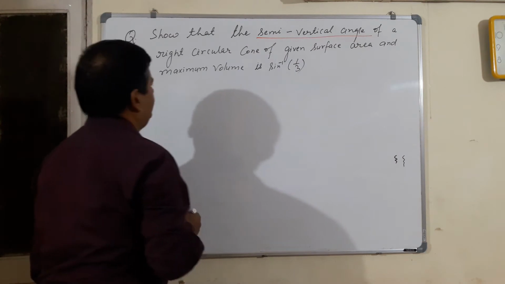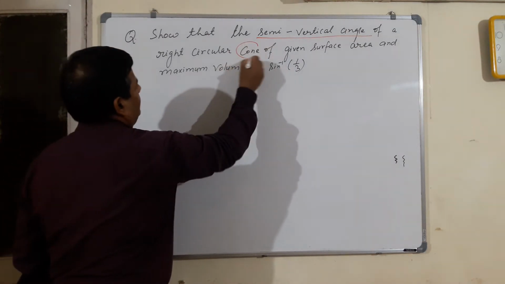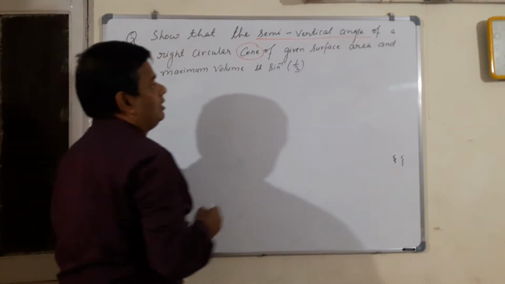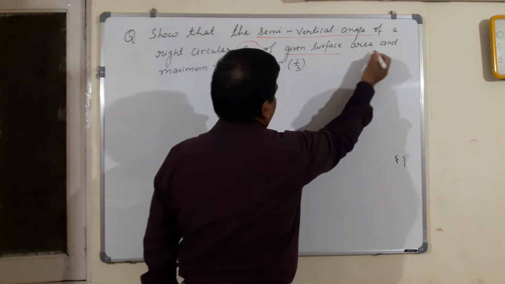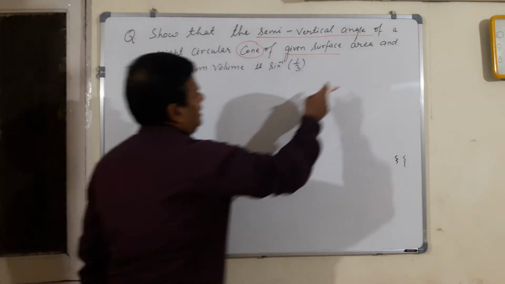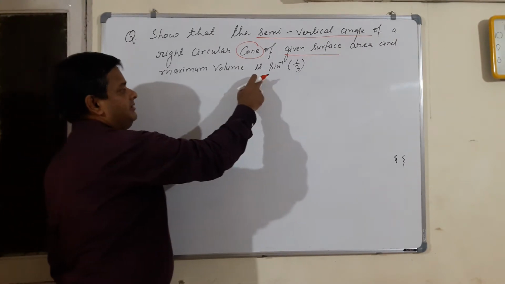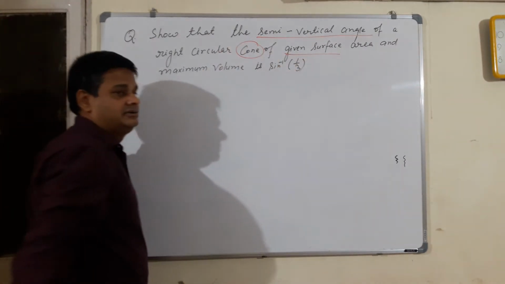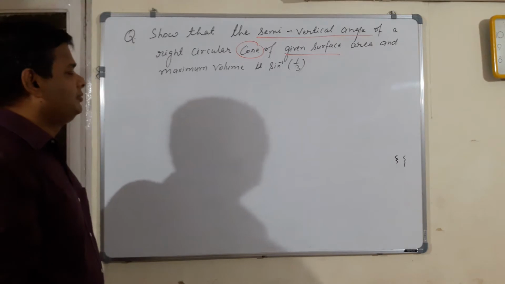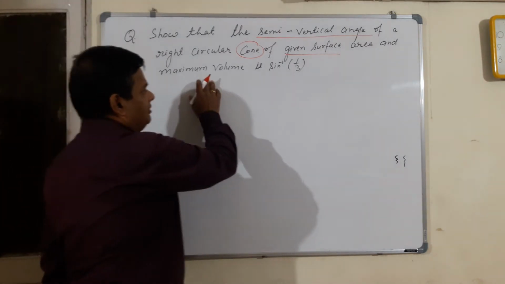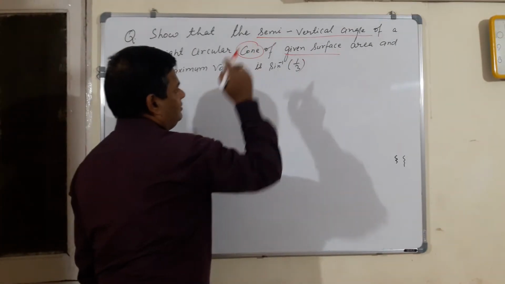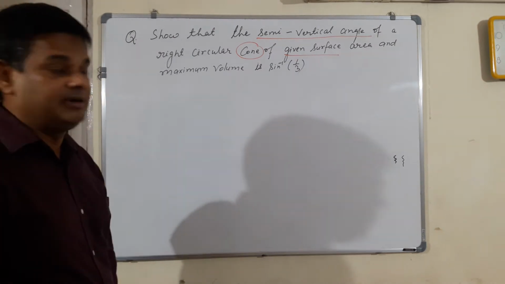The question is to prove that the semi-vertical angle of a right circular cone of given surface area and maximum volume is sine inverse 1 by 3. What is given here?